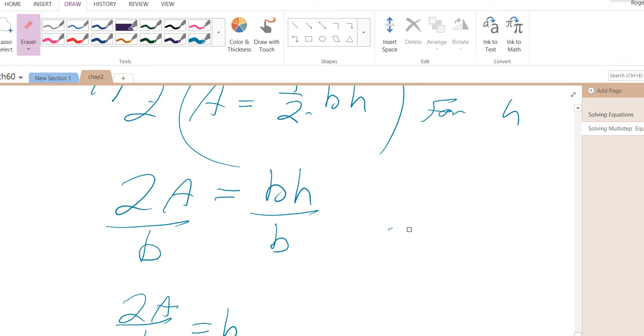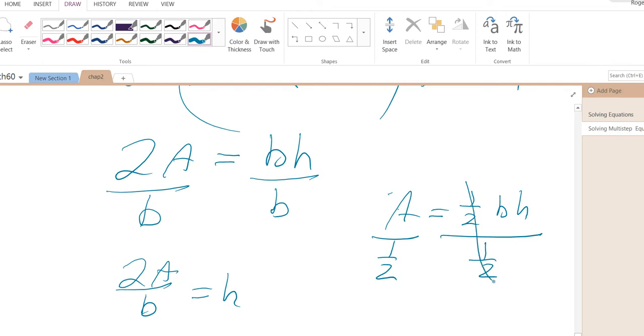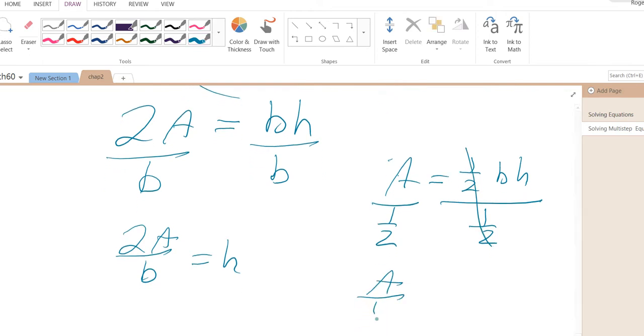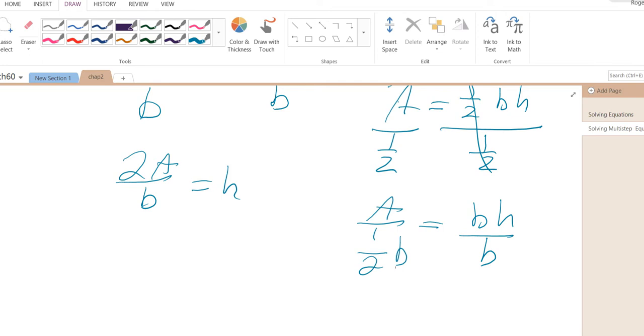So if we have A equals 1/2 bh, and we divide by 1/2, like that, the 1/2 is going to cancel. I get a over 1/2 equals bh, and then divide by b. So that's what it's going to look like. Much more complicated.